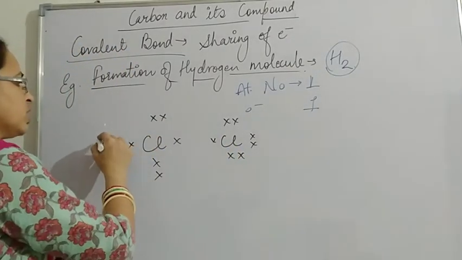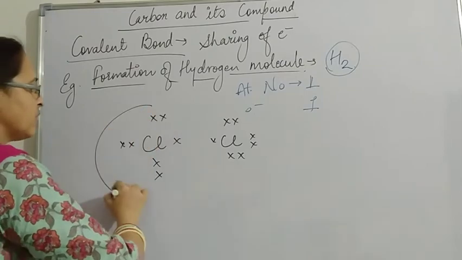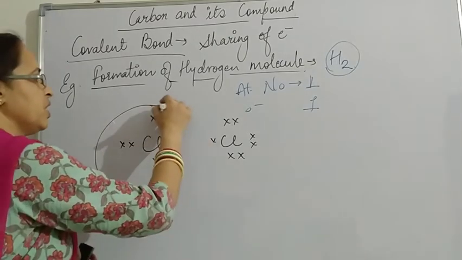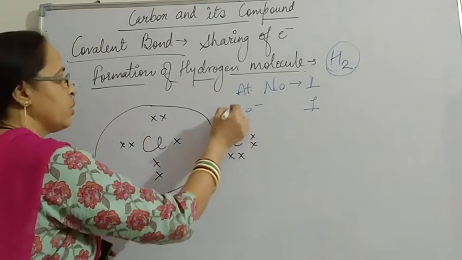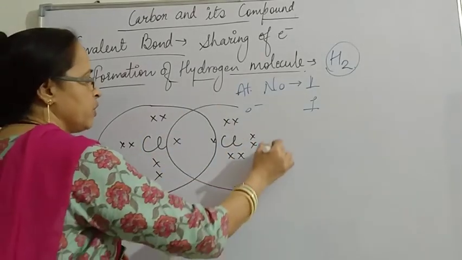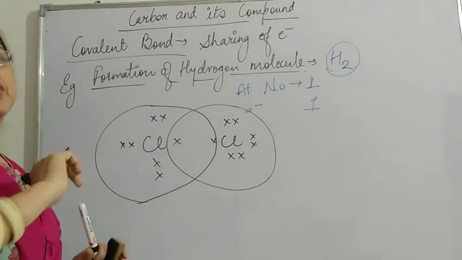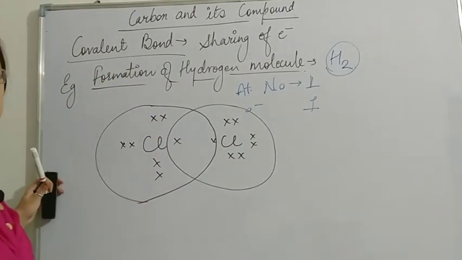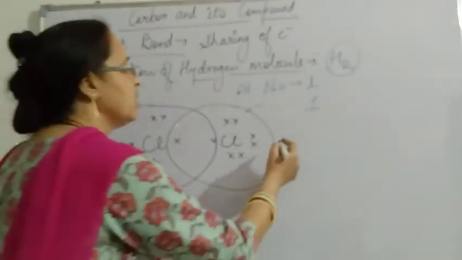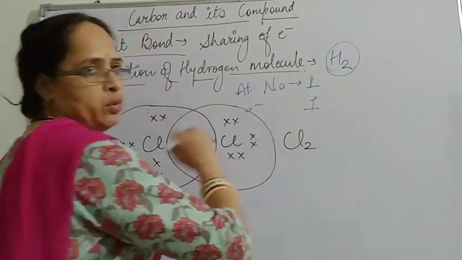Each chlorine has 7 electrons, so it will share 1 electron with the other chlorine atom, and the other atom will share its electron in return. In this way each completes its octet and has 8 electrons in the outermost orbit, thus forming the chlorine molecule.